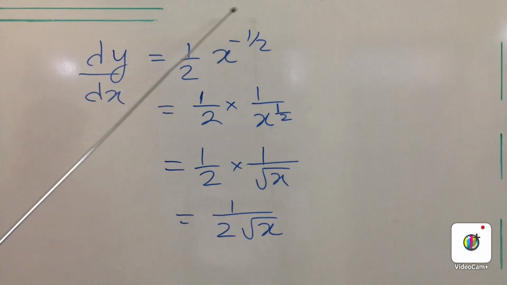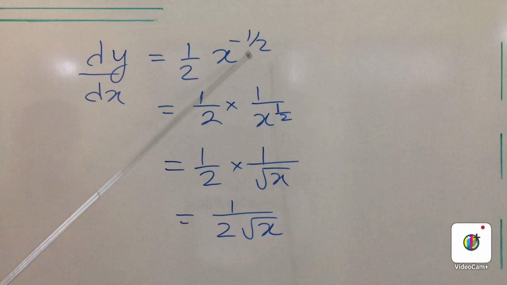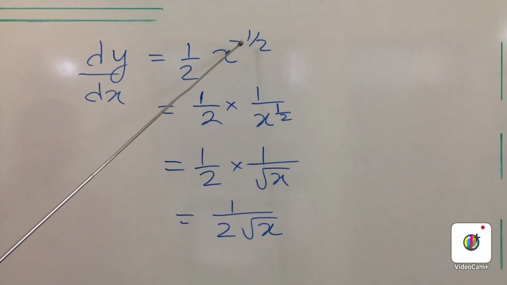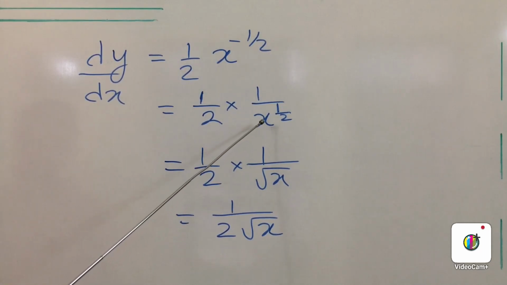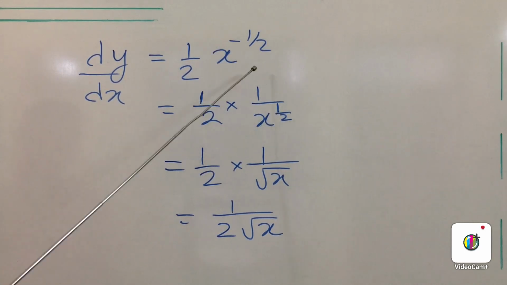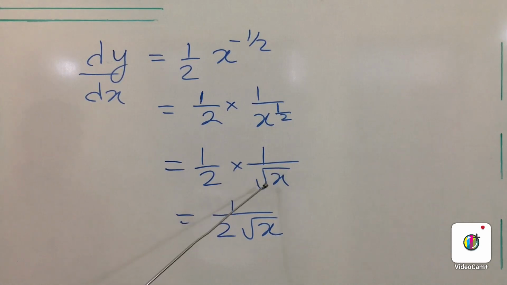When you have this negative power you can bring it down to the denominator as positive power, 1 over x to the power half. That is 1 over 2 into x to the power half, square root of x. Therefore, 1 over 2 times square root of x.